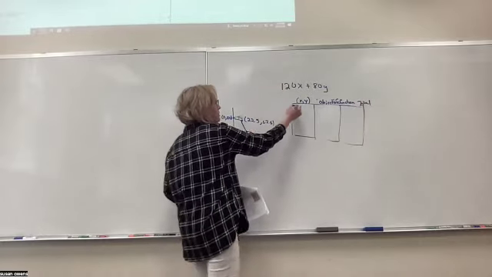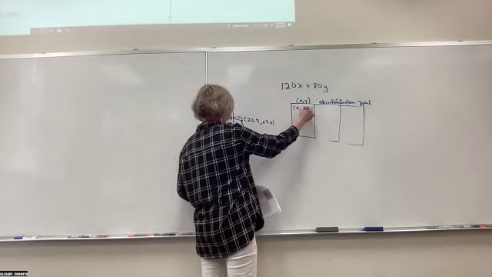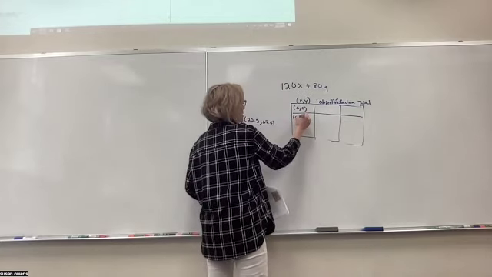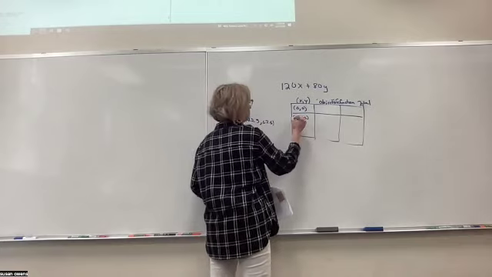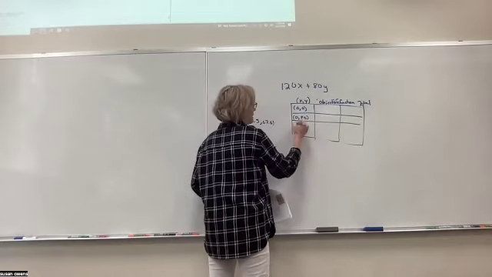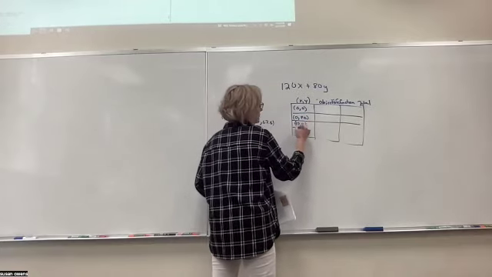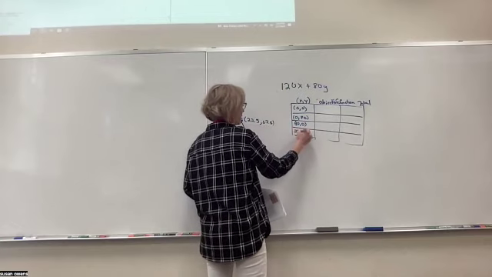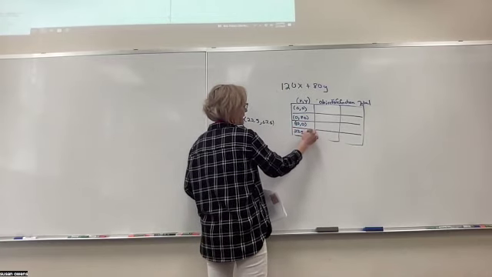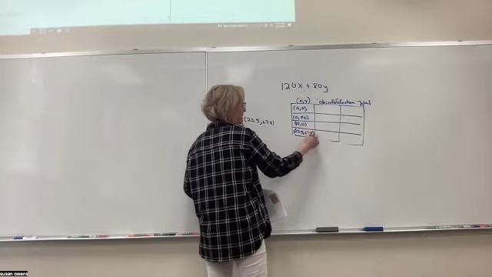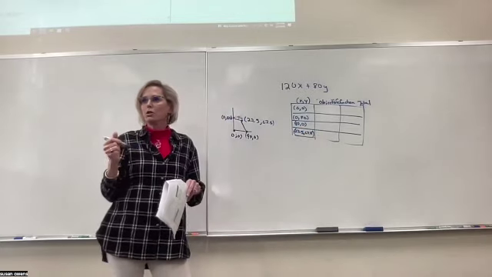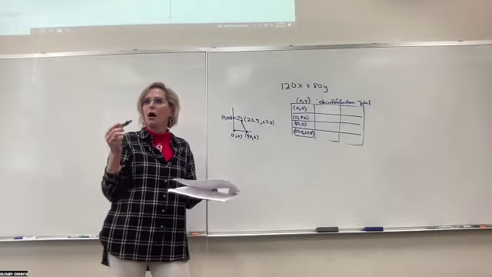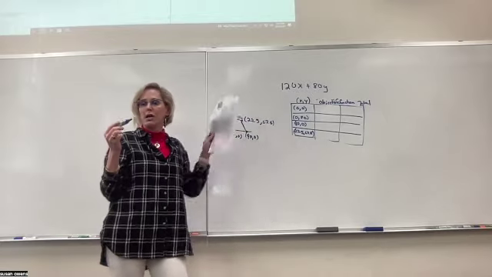Okay, so our corners are 0, 0, 0, 80, 90, 0, and 22.5, 67.5. Okay, so what we want to do is substitute those in for the X and the Y of our objective function.